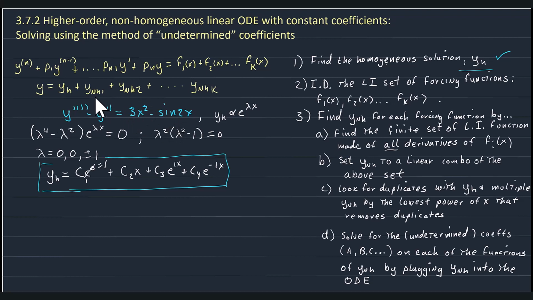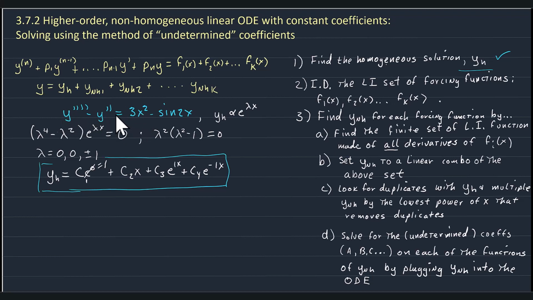So let's find the non-homogeneous solution for 3x squared. And so here we are at step 3. Now if you look at this, we have derivatives of y, and those have to sum to give 3x squared.